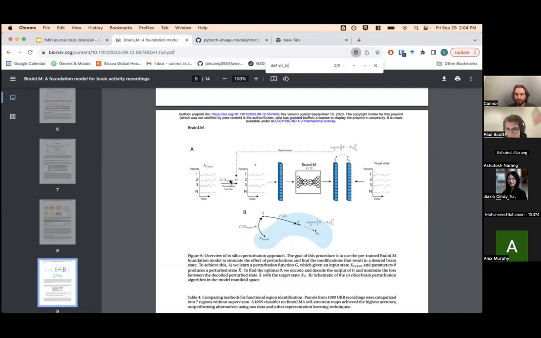So I think it's a similar approach with this, where you can take the pre-trained BrainLM model and artificially tweak the parcels and see how tweaking one parcel affects all the other parcels. In that sense, you can gauge sort of relationships or causal relations, like how does one affect the other.